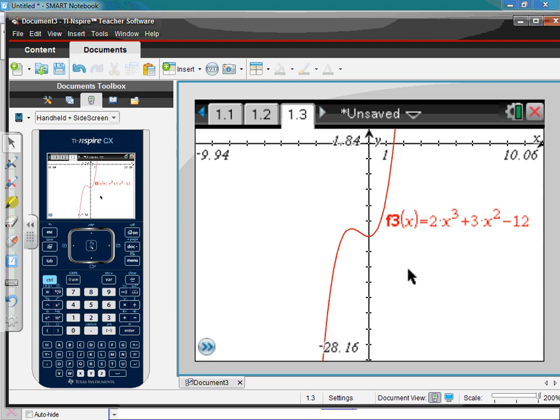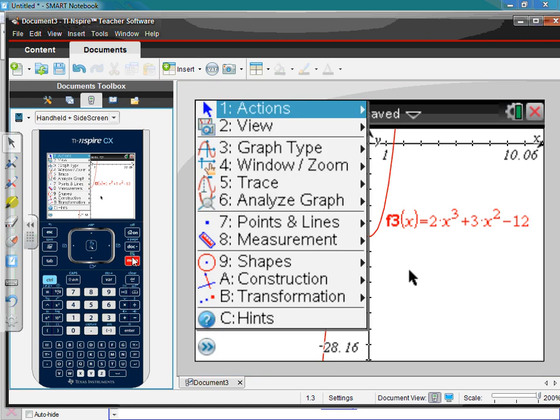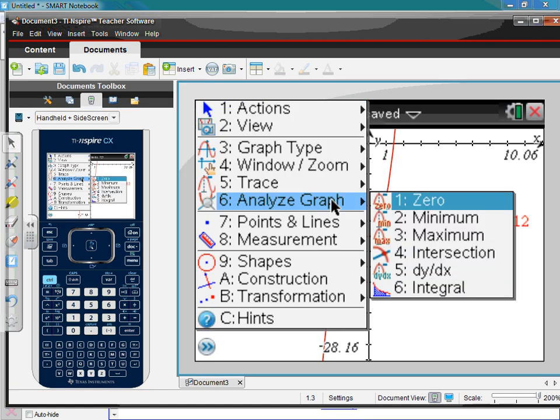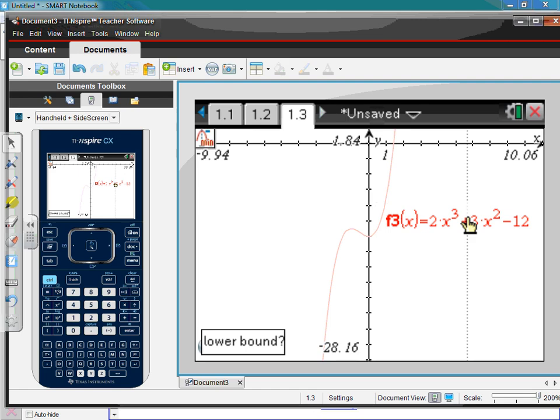Okay. Now, is everybody paying attention? Now I want you to hit menu, and we're going to do analyze graph. What do you think I want? Min or max. So where's my minimum at? Is it the mountain or the valley? It's the valley. So I'm going to go to the left of the valley, and to the right of the valley.